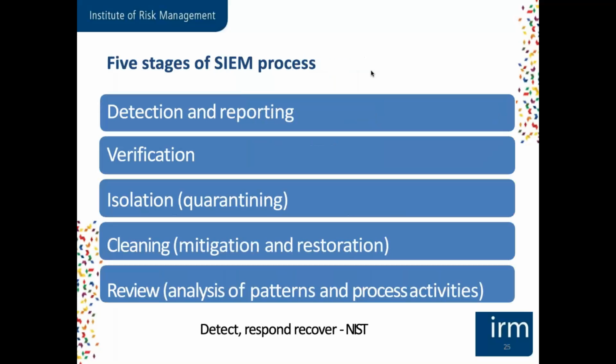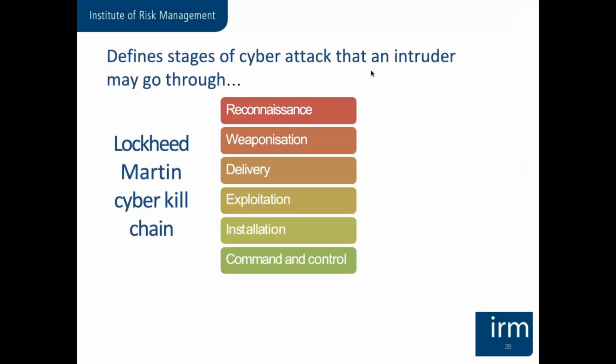I've listed here the 5 stages of incident management reporting process, from detection and reporting, verification, isolation, cleaning, and review: detect, respond, and recover. And Lockheed Martin offer this sort of flow chart of the stages of a cyber attack that an intruder might go through.